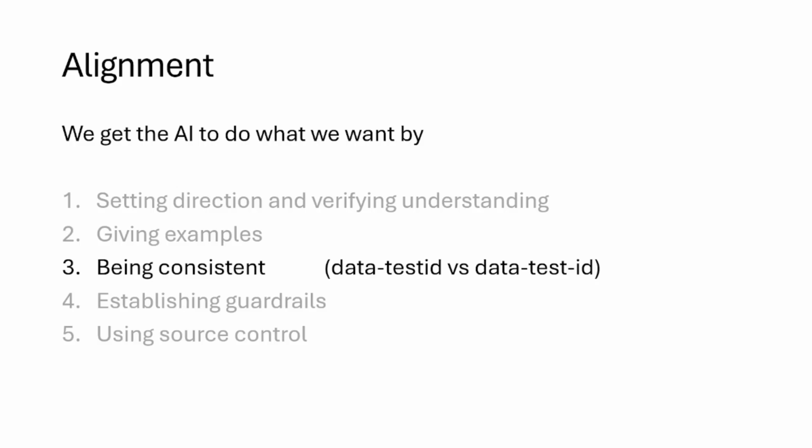That created confusion. Or even more benign, I had a test dash ID somewhere, and that caused the bot to stop and ask questions like, what do you mean? Is this something else? Should I know it? Is it the same? So be consistent.